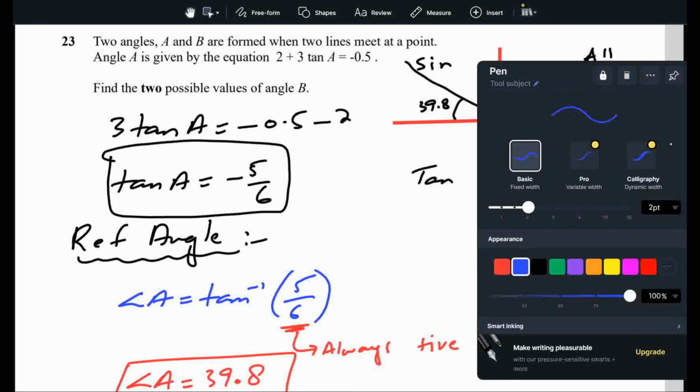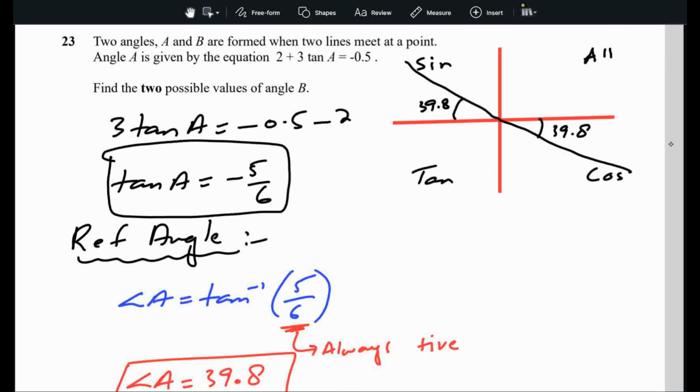Now we have to decide the final answer. For the final answer, we use this horizontal line. So angle A will be equal to 180 minus 39.8.